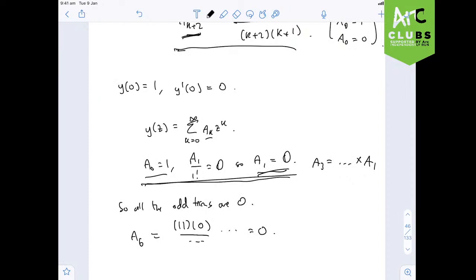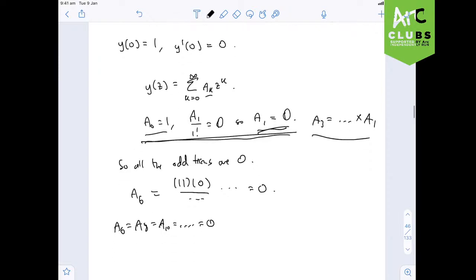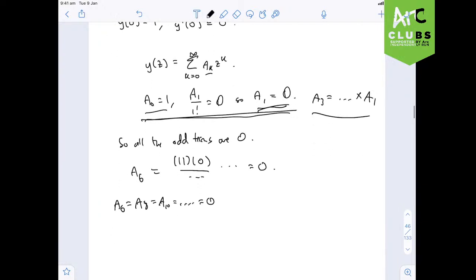And similarly to the odd term case, we have a8, a10, and so on, all of them have to be 0. So this series terminates. It terminates at a4. And so we get a polynomial solution. We get y of z equals a0 plus a2 z squared plus a4 z^4.